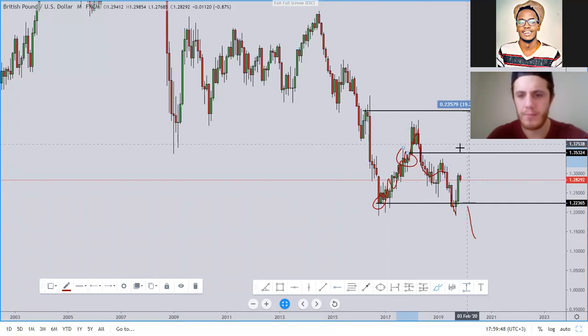When I say to break, I mean to get a monthly candle closing above it. Within the month, we can see price wicking above it, we can see price going all the way above, but eventually we're expecting price to come back and close below it.